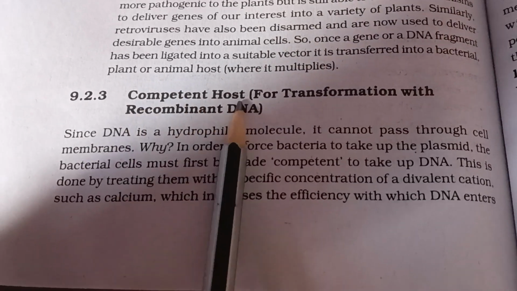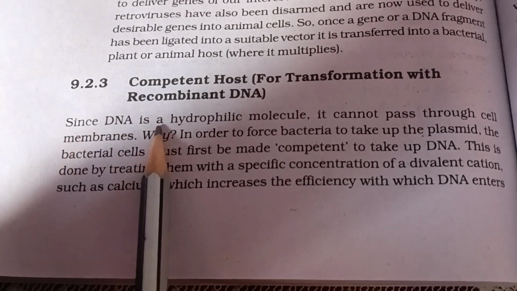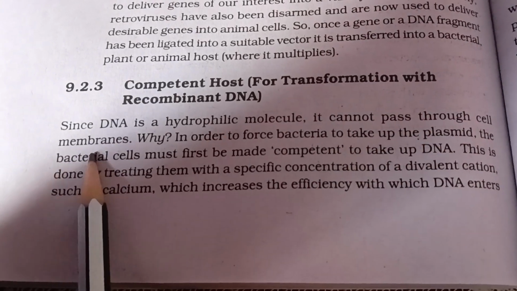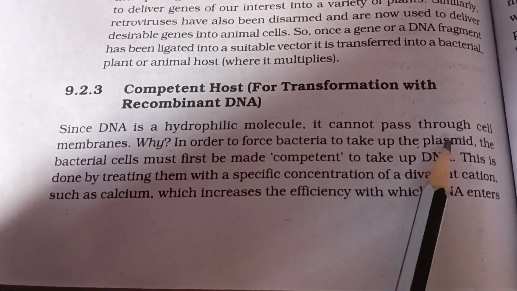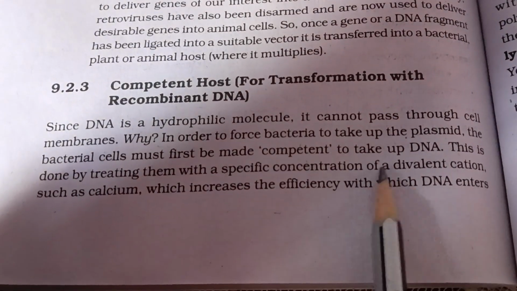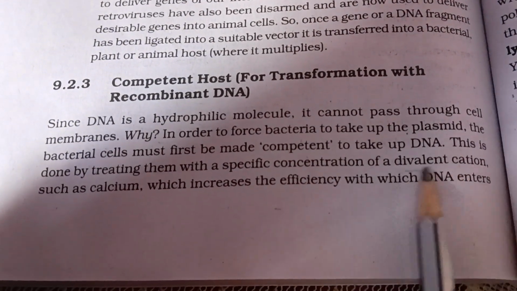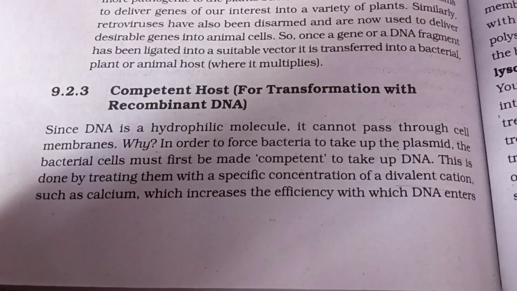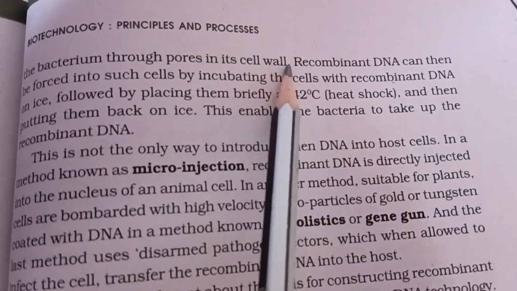Now competent host for transformation with recombinant DNA. Since DNA is a hydrophilic molecule, it cannot pass through cell membranes. Why? In order to force bacteria to take up the plasmid, the bacterial cells must first be made competent to take up DNA. This is done by treating them with a specific concentration of a divalent cation, such as calcium, which increases the efficiency with which DNA enters the bacterium through pores in its cell wall.